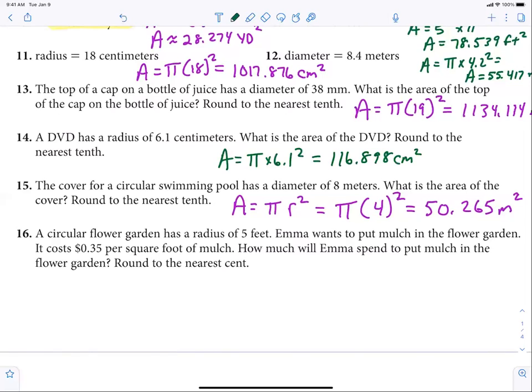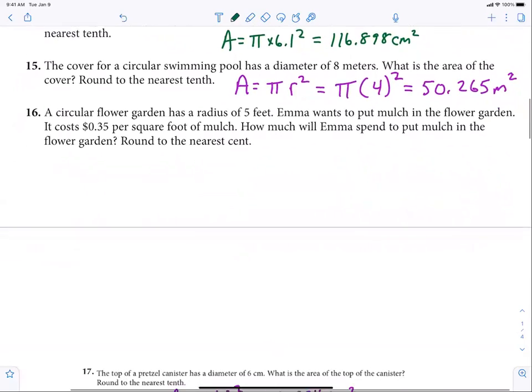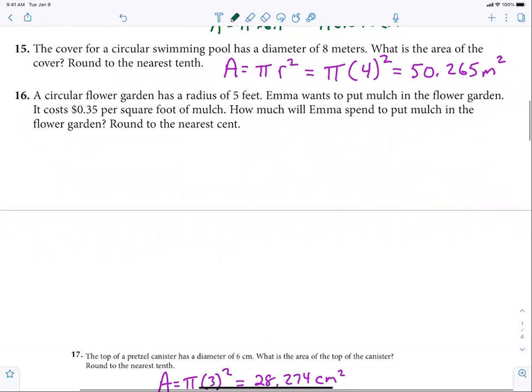Okay, hold on. Number 16. The circular garden has a radius of 5 feet. And it costs 35 cents per square foot. That's right. Let's hear it. What am I doing?